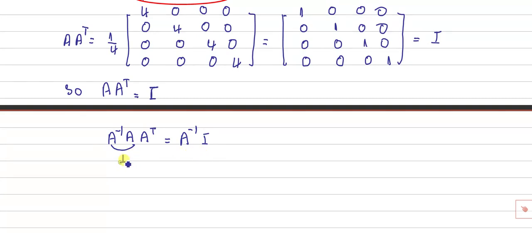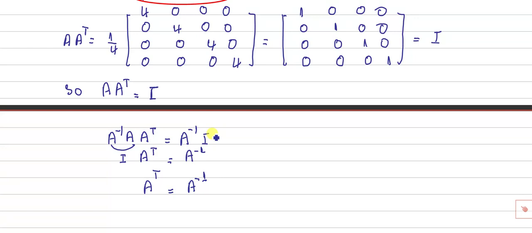So I can write I, A transpose equal to A to the power minus 1. So I get A transpose is equal to A to the power minus 1.